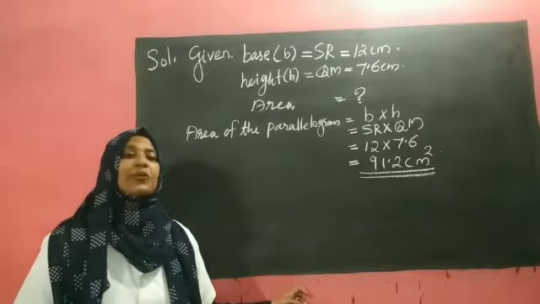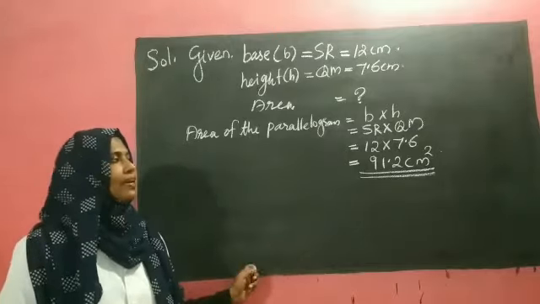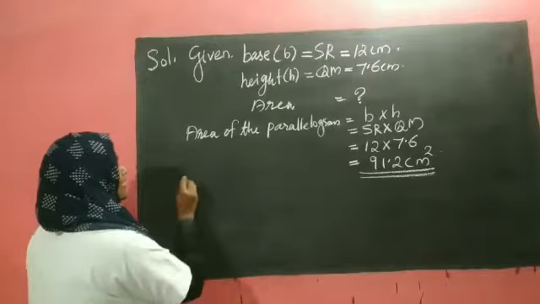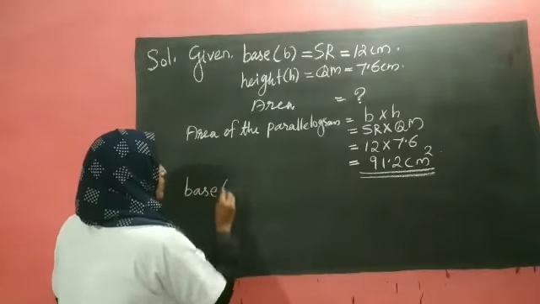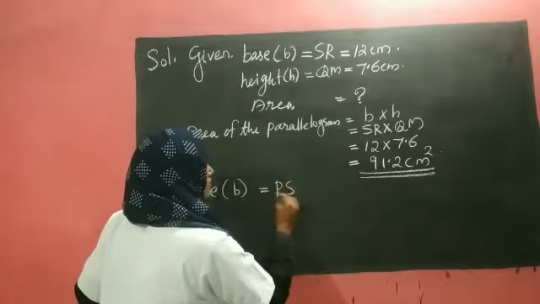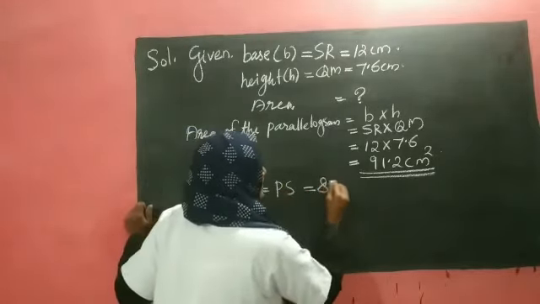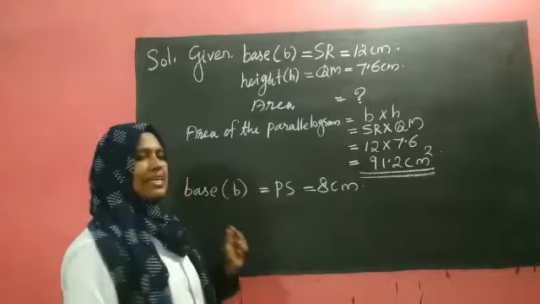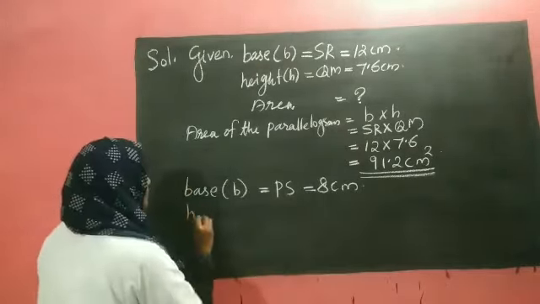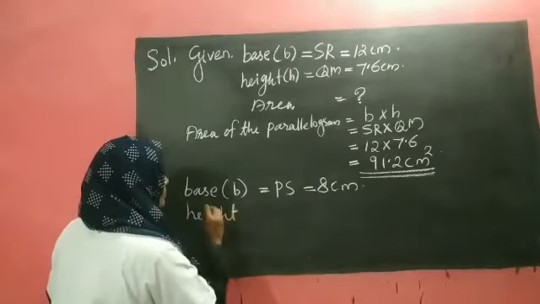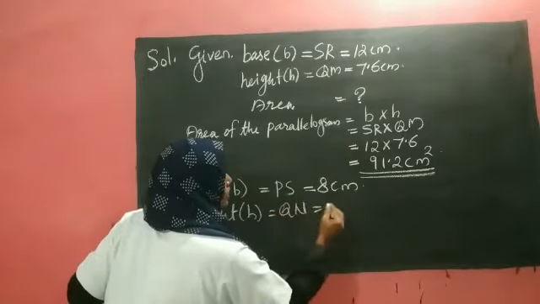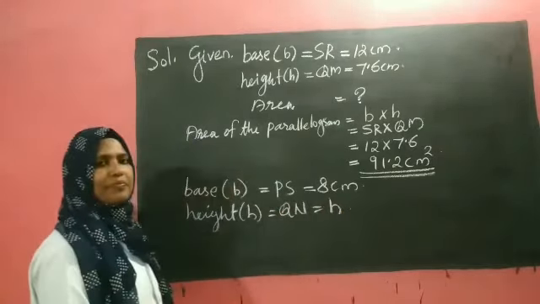Then we have to find out the length of QN if PS is equal to 8 centimeter. Here, PS is the base of the parallelogram. So we have to write base, which is equal to PS, which is equal to 8 centimeter. Consider corresponding height QN, which is equal to h.